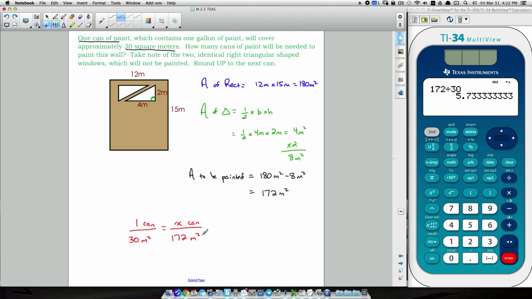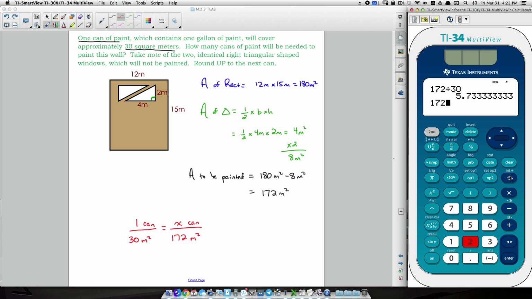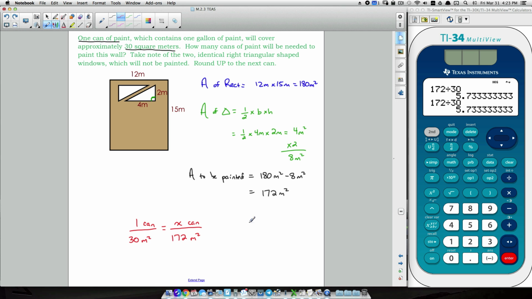Well, if you solve this proportion, you take 1 times 172, which is 172, and then what are we going to divide by? The number getting multiplied by X. And notice I am typing in the exact same thing as what I did up here. That was a shortcut there. So what we need here is 6 cans of paint to paint this wall.